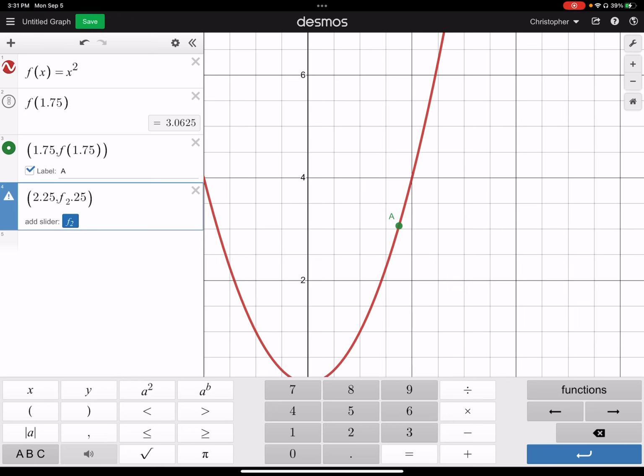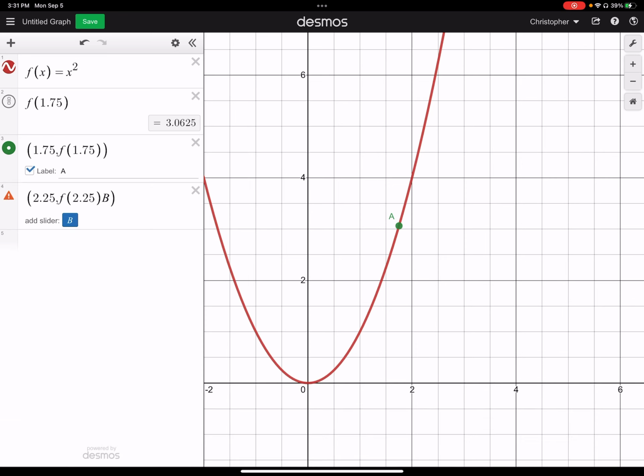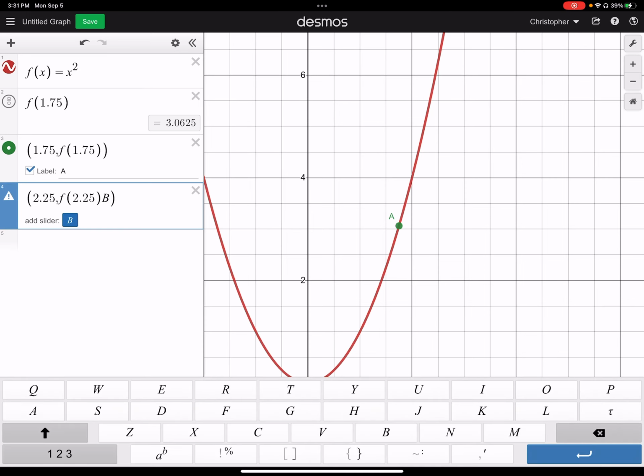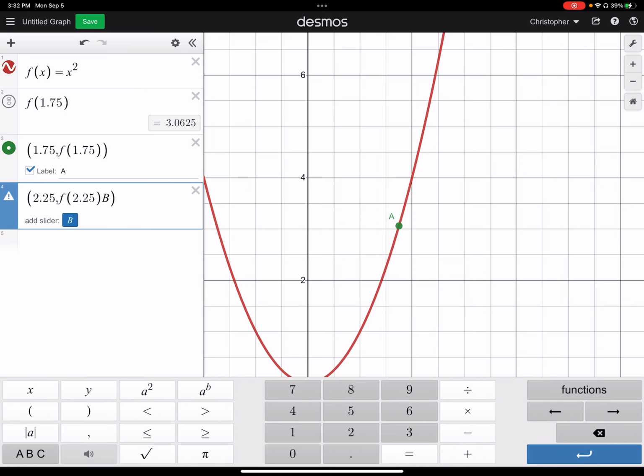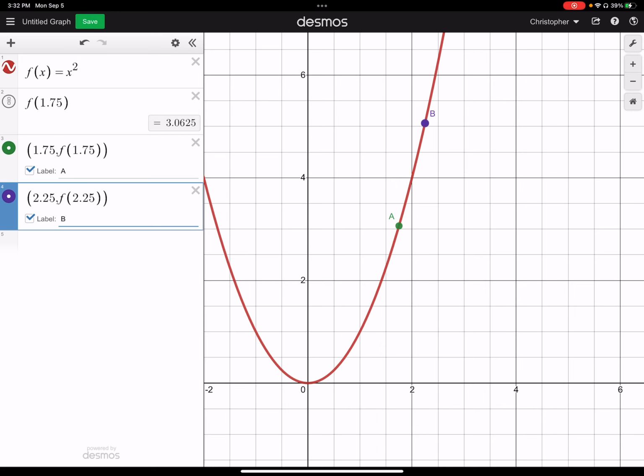F of 2.25. Close that parenthesis. We'll put a label on it and call it point B. Okay, so if we look at our graph, let's put one more value.